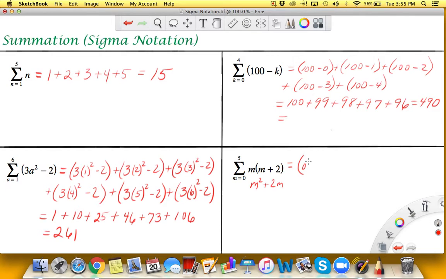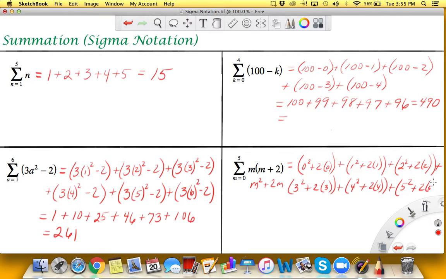So here I'm going to say 0 squared plus 2 times 0, and then plus 1 squared plus 2 times 1, plus 2 squared plus 2 times 2, plus 3 squared plus 2 times 3, plus 4 squared plus 2 times 4, and then plus 5 squared plus 2 times 5.